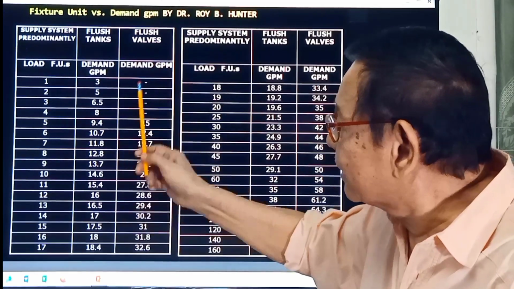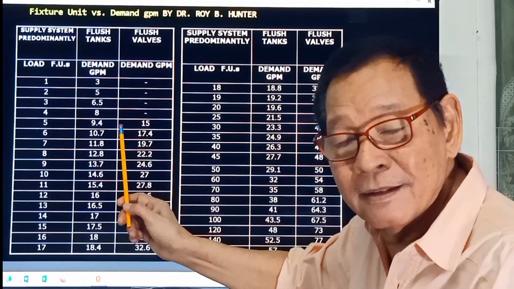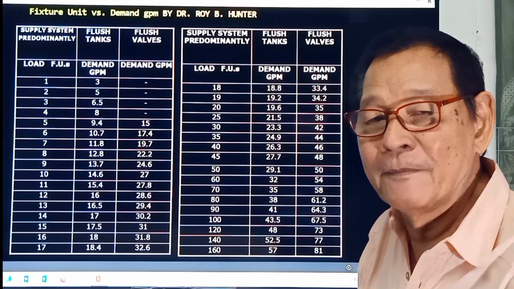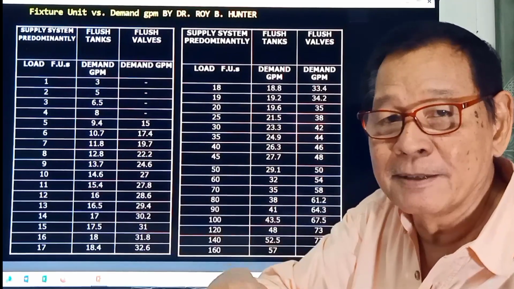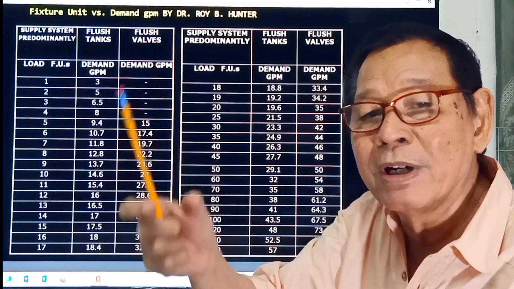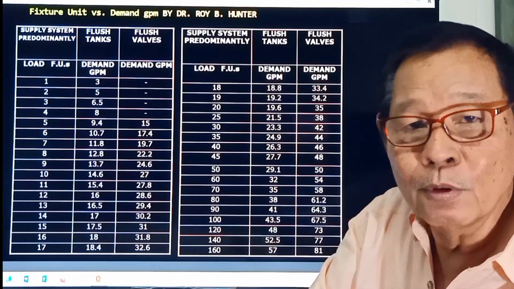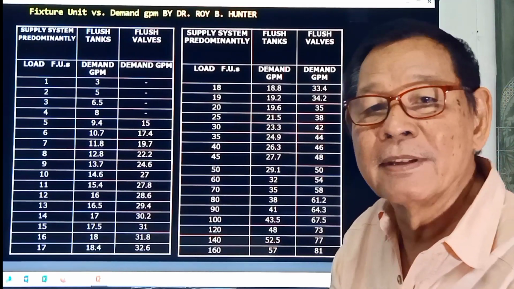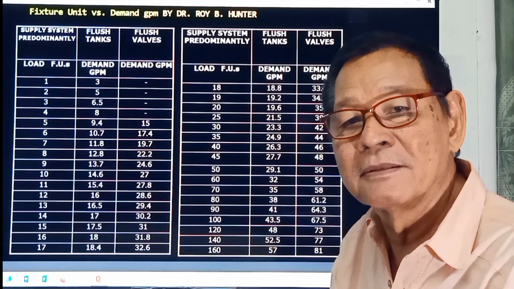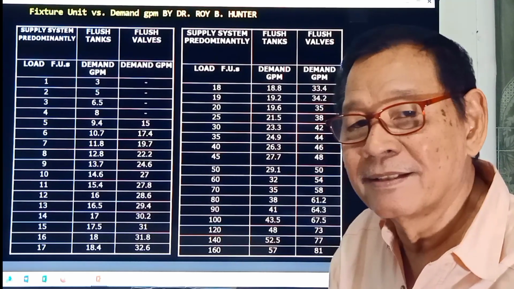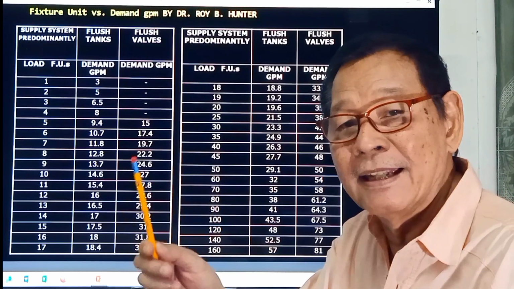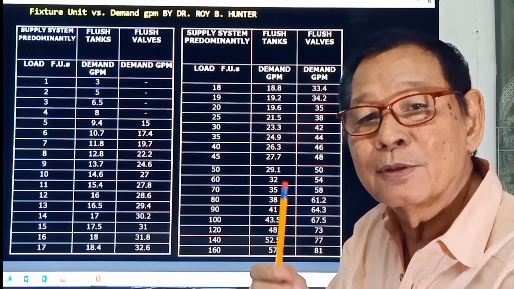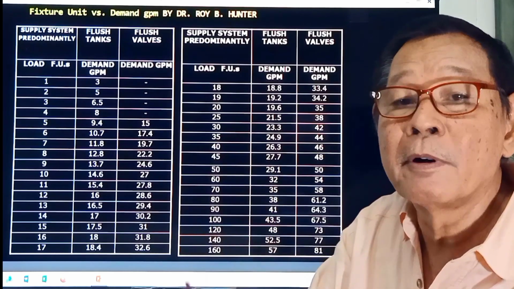But this is from the horizontal drain. It discharges, as I explained to you last time, the discharge of one water closet to the horizontal drain. As we say, 7.5 gallons per minute. But that was not the case. Because of so many batteries of water closets, Dr. Hunter applied the theory of probability.